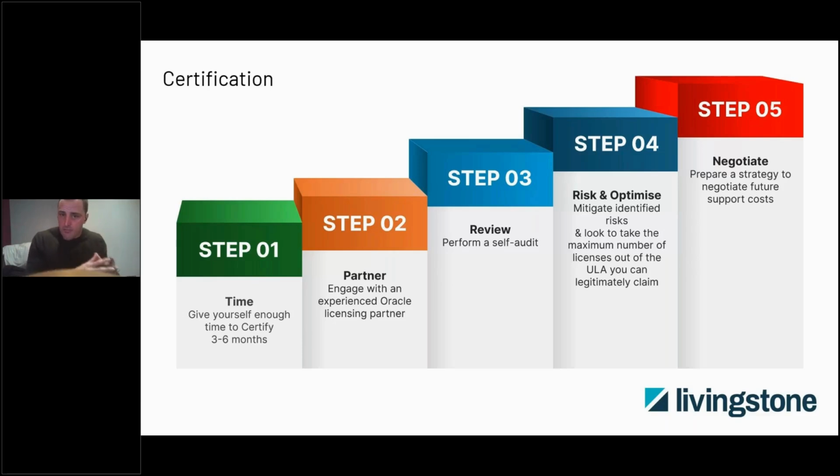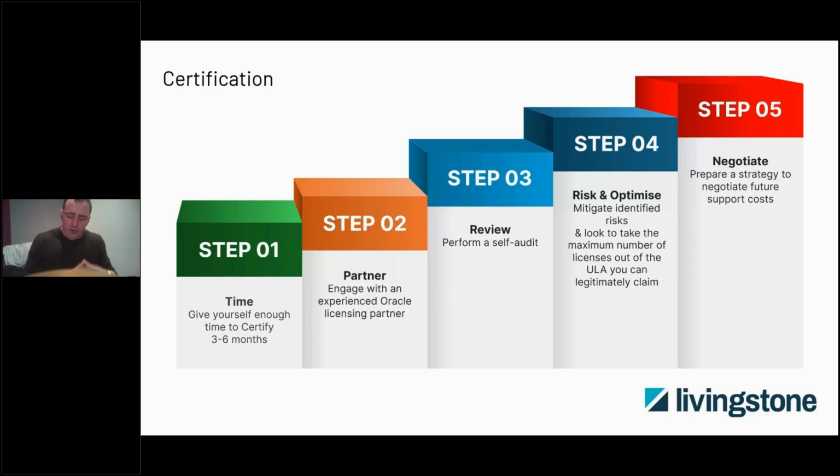You need to have the appropriate time to be able to address that risk, mitigate that risk. That might include purchasing licenses. It might include technical mitigation. So, for example, it may involve isolating certain environments so that the required number of licenses doesn't exceed what you own. And then we talk about optimize.